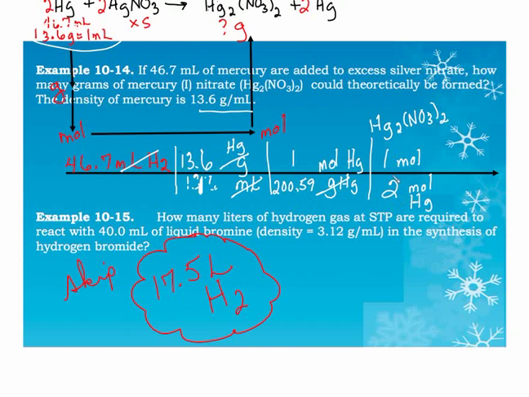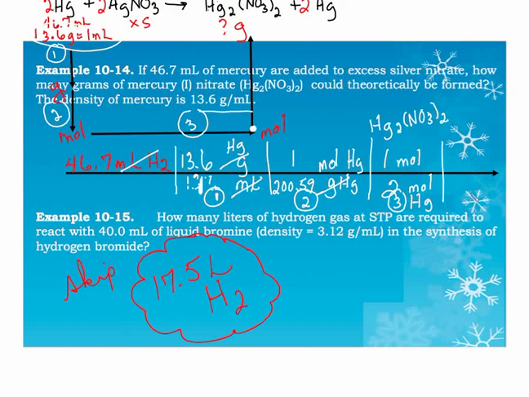And there's a 2 in front of the mercury and a 1 in front of the mercury nitrate. I'm right here on my map in case you've been lost. So this was step 1, and I did that here. This is step 2, and I did that here. And now this was step 3, and I did that here.